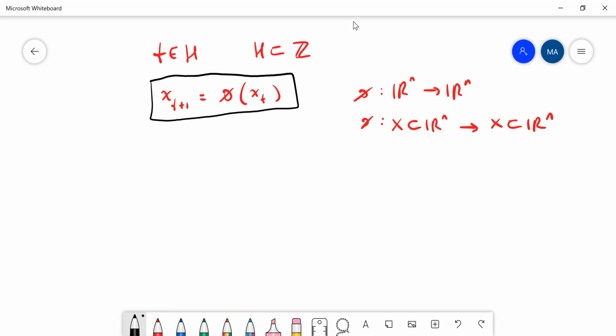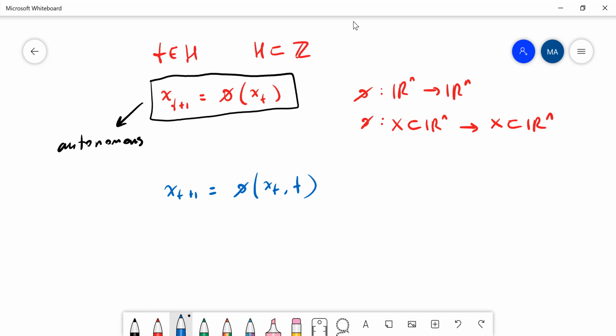Now, this system, as you see, does not depend on time, because this function phi does not depend on time. Such systems are called autonomous. Now let me show you a non-autonomous system.